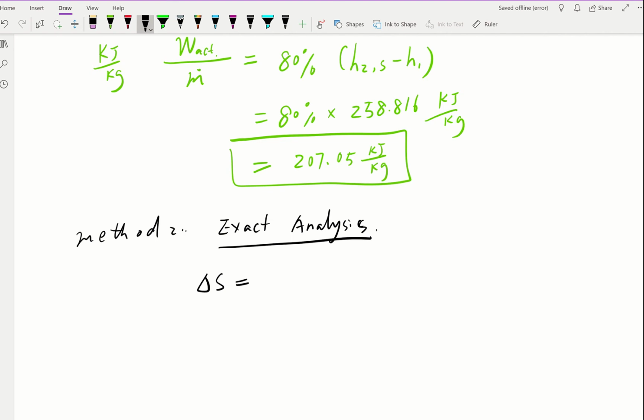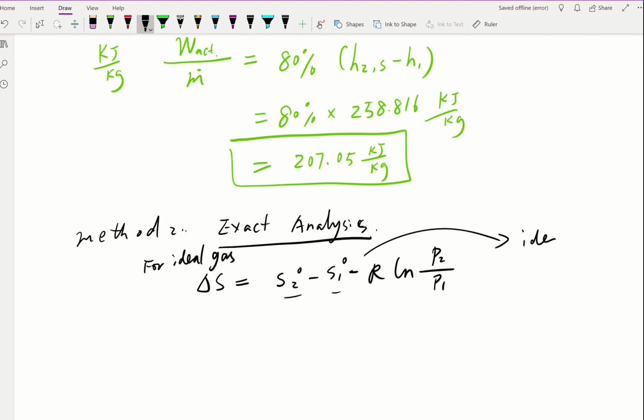We have entropy change for ideal gas. We have delta S equal to S2 naught minus S1 naught minus R natural log P2 over P1, right? And where do we get S2 naught and S1 naught? It's going to be from the ideal gas table. All right, we introduced that, but we didn't use this equation to come up for isentropic. So this is where we are going now.